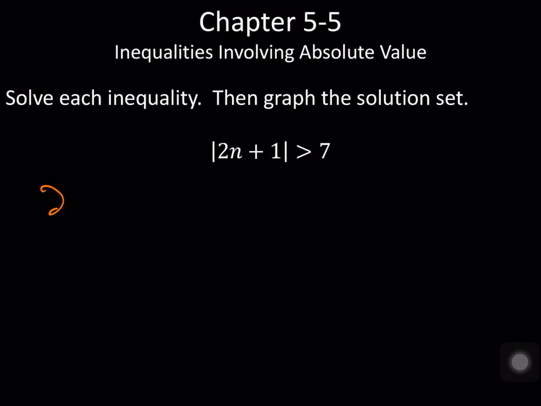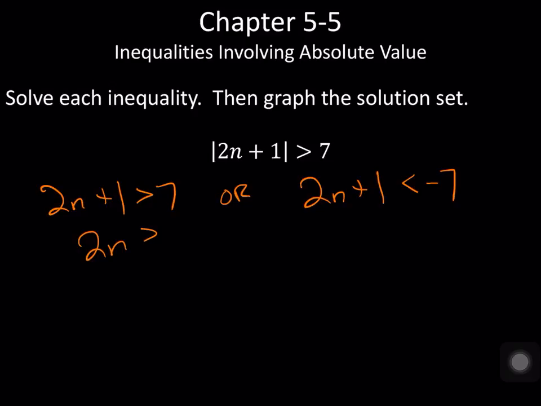Okay, so you've set up your two inequalities. One identical to what it looks like with the absolute value bars dropped. The other one we did 2n plus 1, and we switched directions and we changed signs. And so now we've got our two inequalities. So let's go ahead and solve here. Subtracting 1, dividing by 2, and the same thing on this side, subtracting 1, dividing by 2.